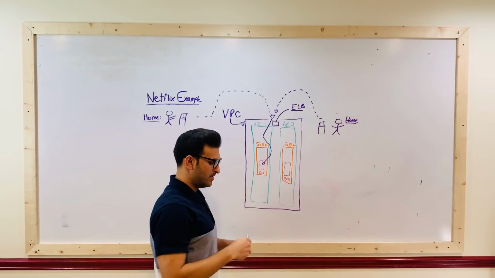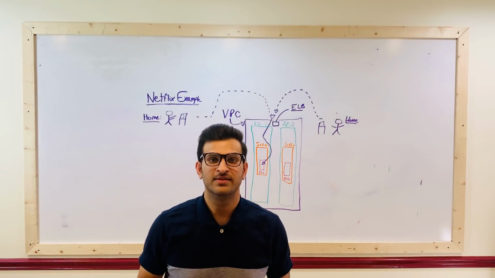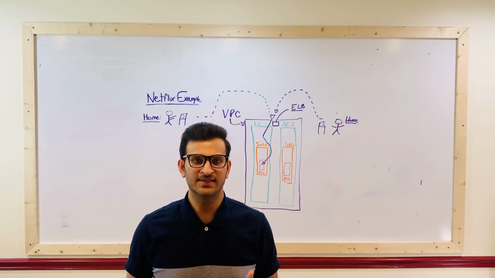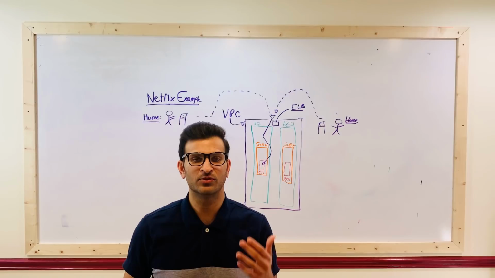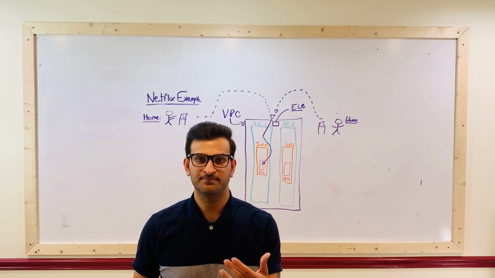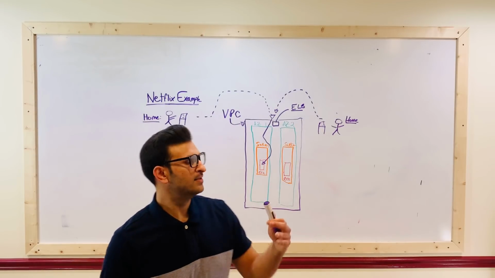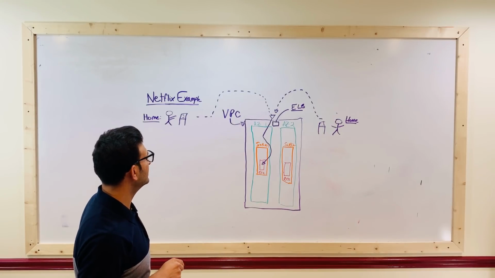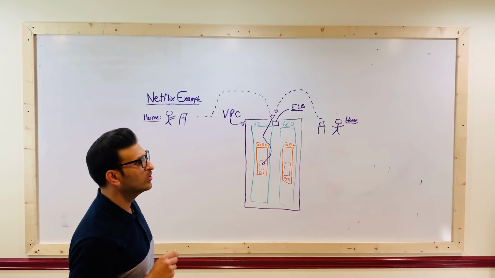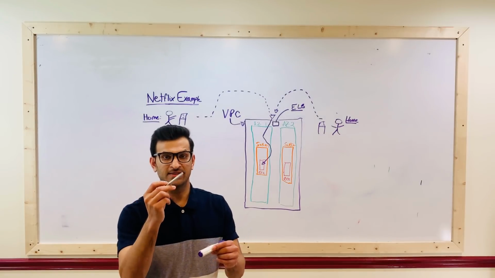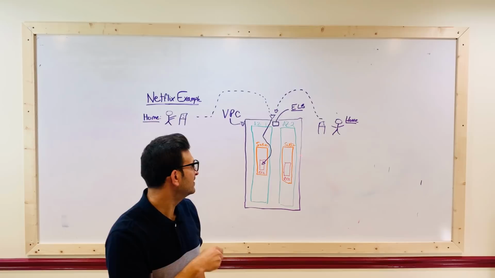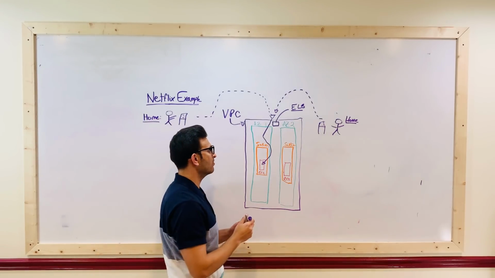The elastic load balancer then says, okay, which one of these instances can handle this person's request without causing a disruption or disconnection? And since this person is already on this instance, most likely in order to balance the seesaw, it is going to send it to this instance to watch that same show.